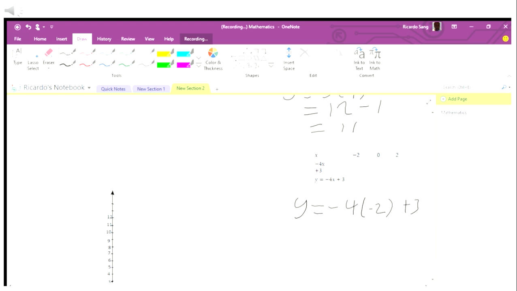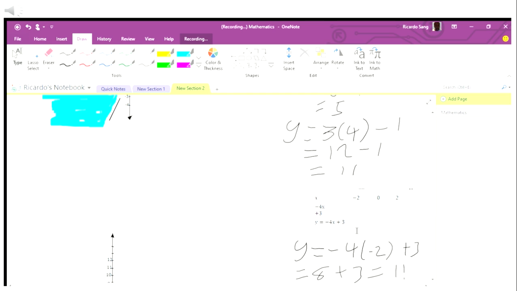Alright, so 2 4s are 8, so that will be positive 8. Negative times a negative gives a positive. That will equal positive 8 plus 3, and that will equal 11. So the first coordinate is 11.